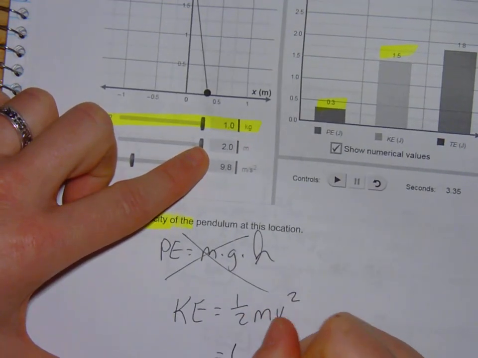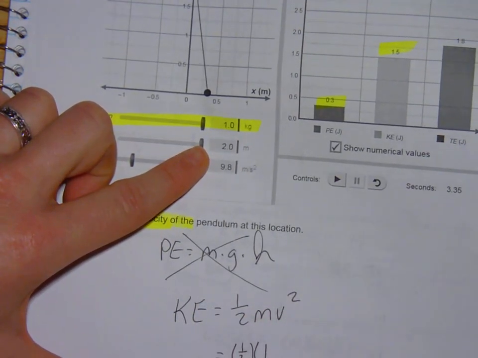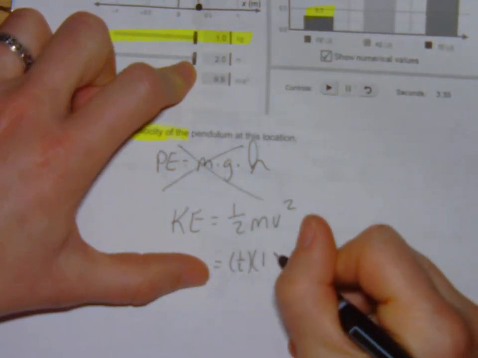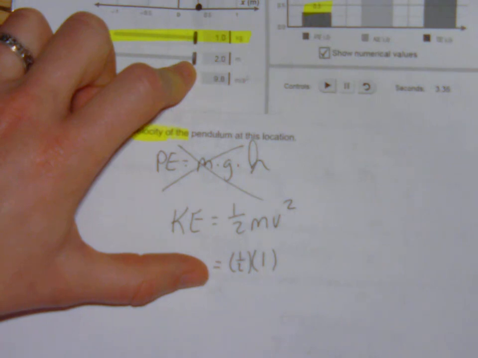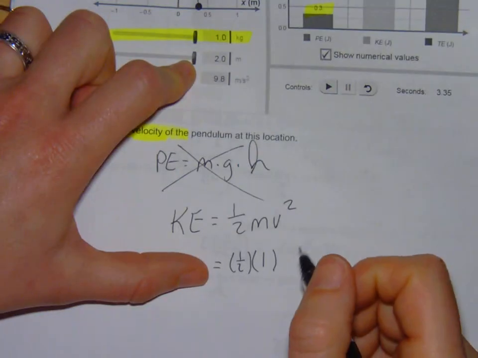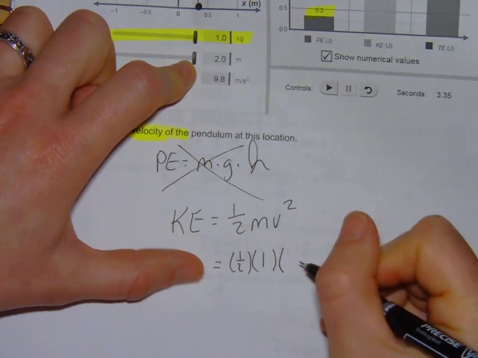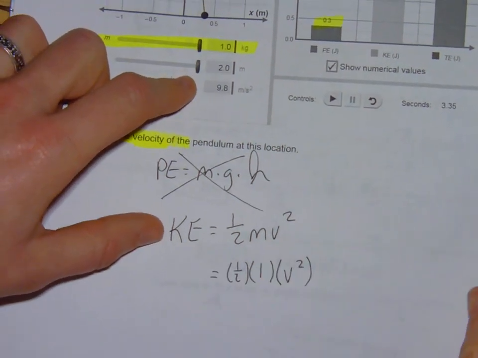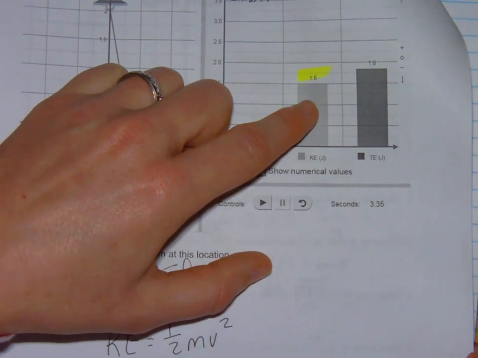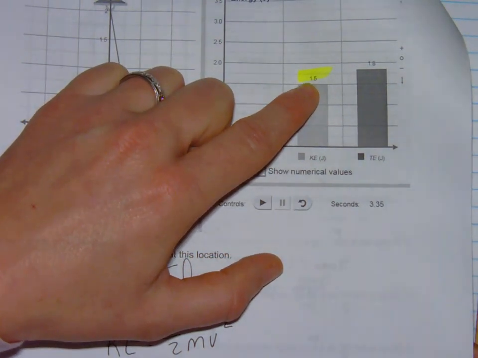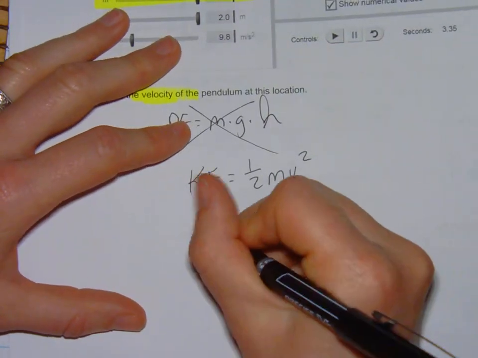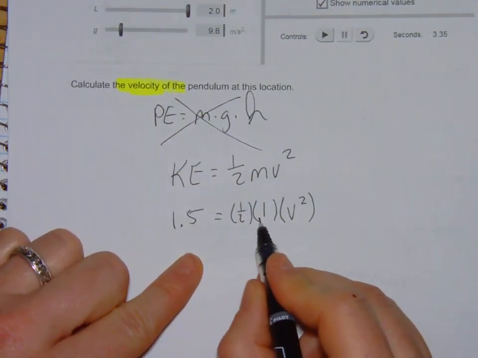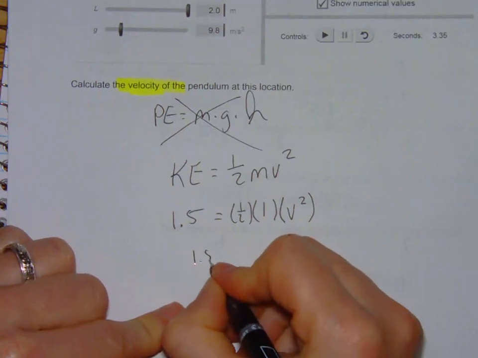Okay, so it's going to be half, whoops, let me slide this up, sorry about that. Half of 1 kilogram. There. And then the velocity is squared, that's what we're looking for. And our kinetic energy value comes from up here, and I know that's very small, but that's a 1.5. So we have 1.5 equals 1/2 multiplied by 1 multiplied by v squared.